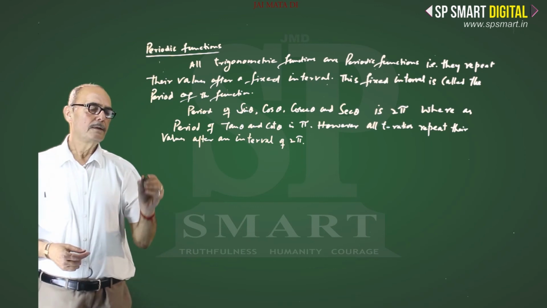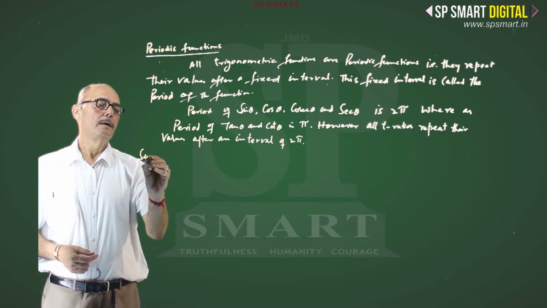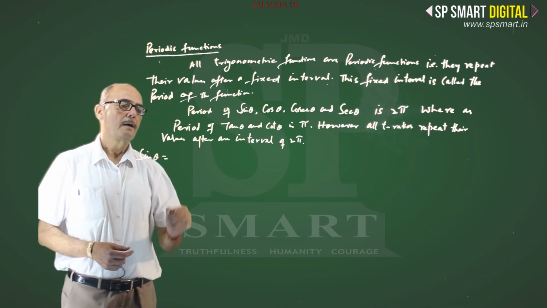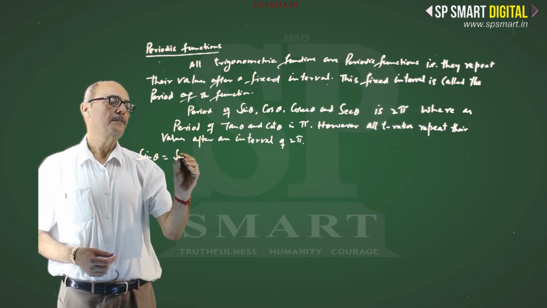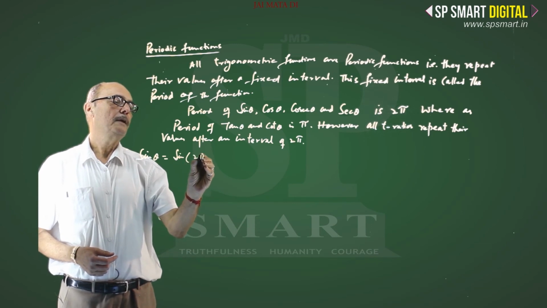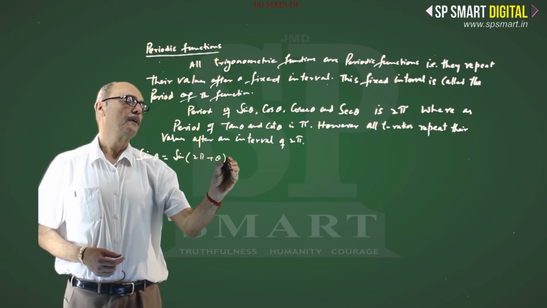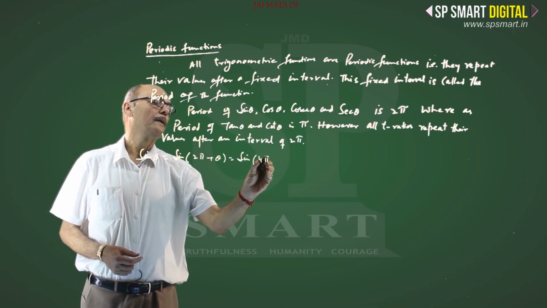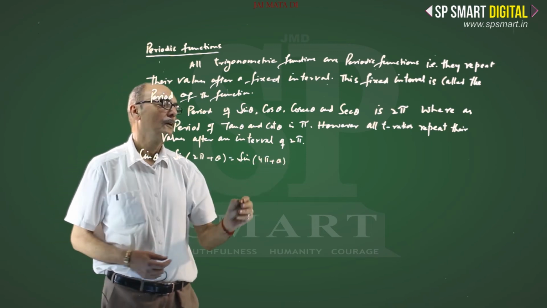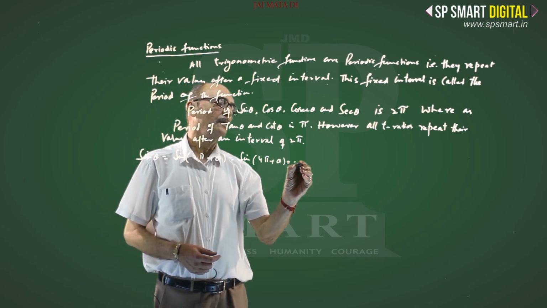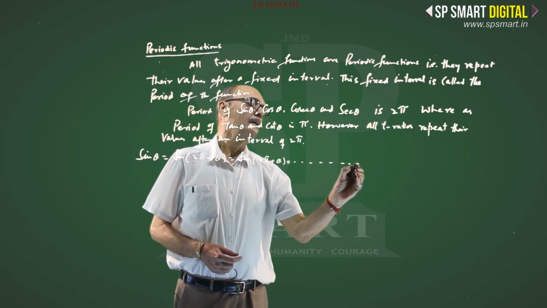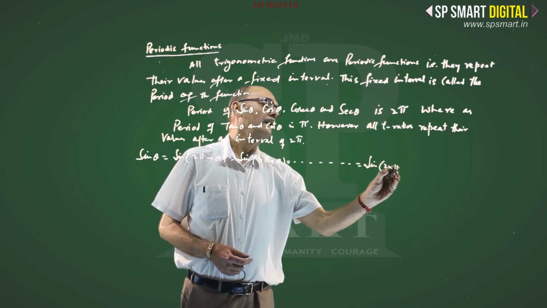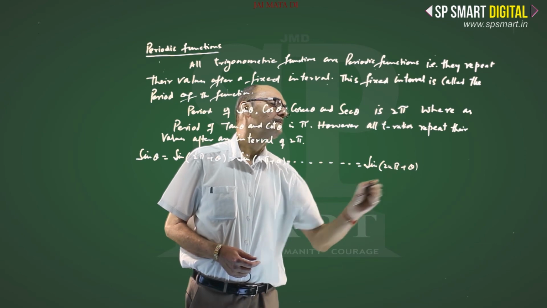For example, sine of theta has the same value as sine of 2 pi plus theta, the same value as sine of 4 pi plus theta, and so on, sine of 2n pi plus theta.